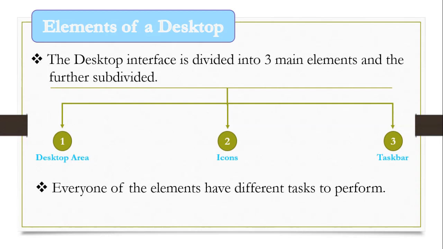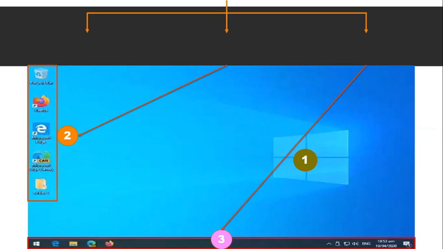Every one of these elements has different tasks to perform. So we will see more about what they are. The first one is the desktop area. What you see here is the whole desktop area. Second, icons.